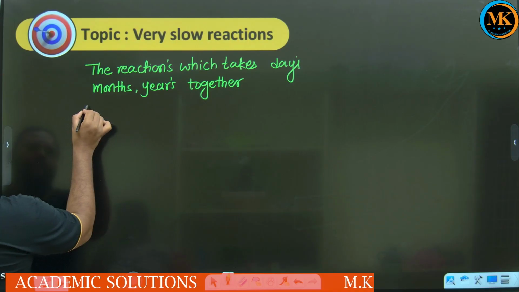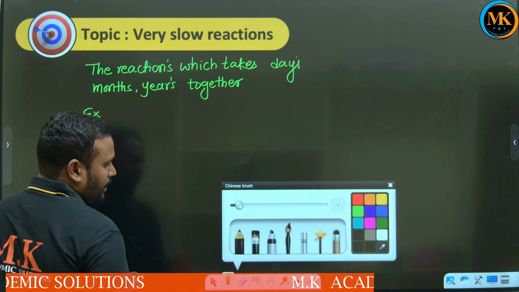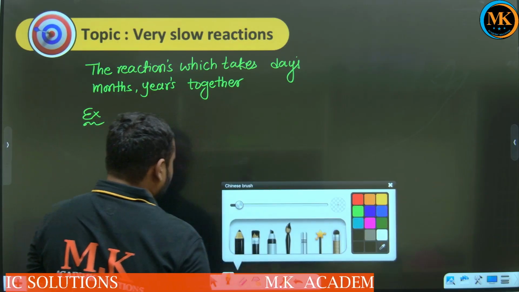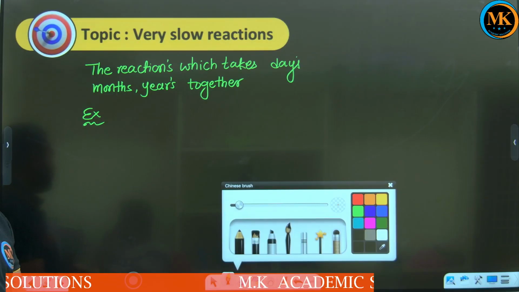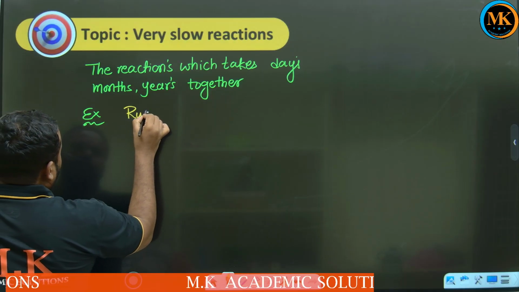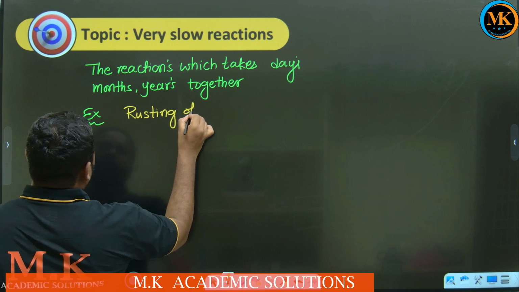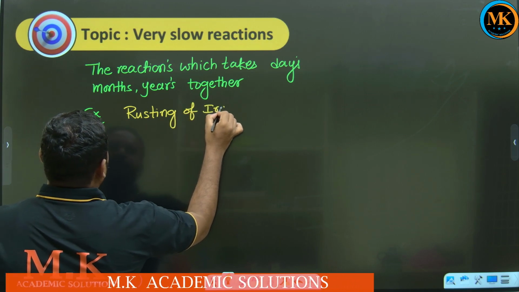So what are the examples of very slow reactions? Let us take some examples. For example, you can take the rusting of iron.